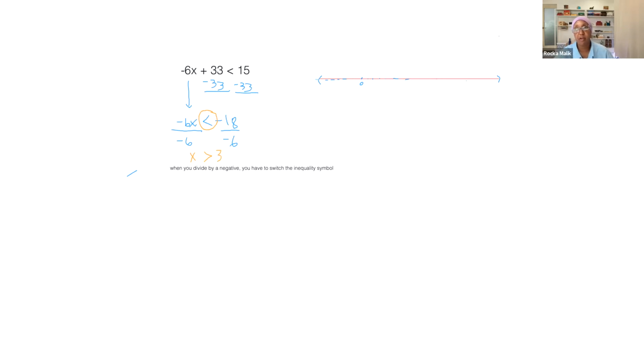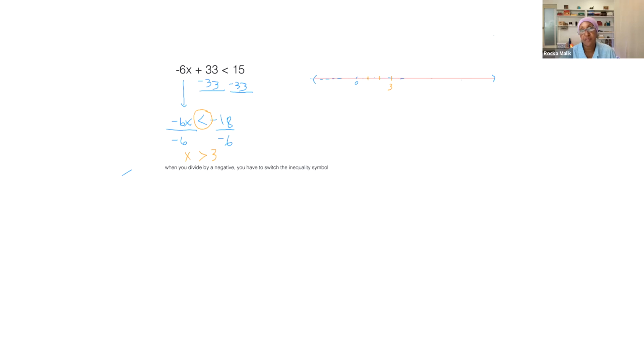And then to put that on the graph, this is my 3, okay? So 1, 2, 3, this is my 3 here. Some graphs do an open circle, and some do open parentheses.